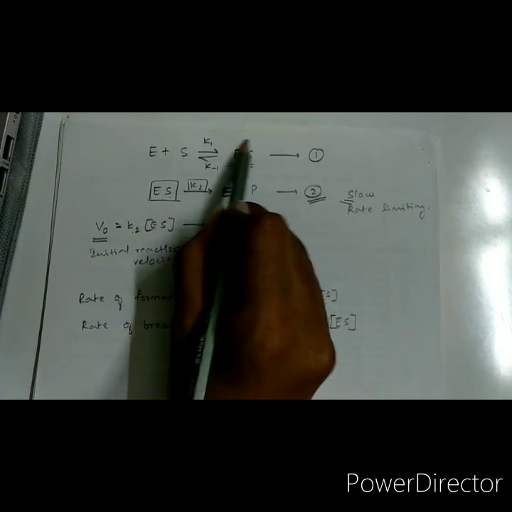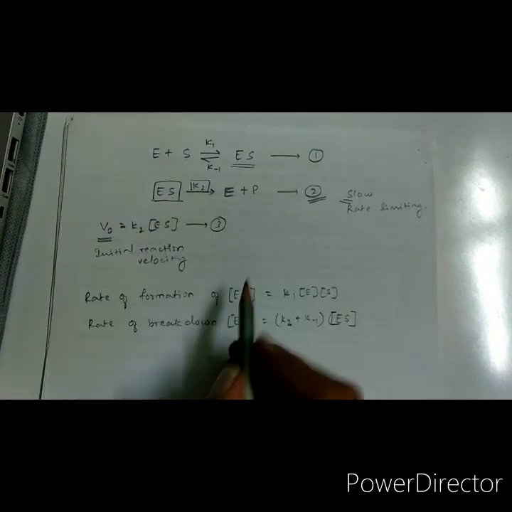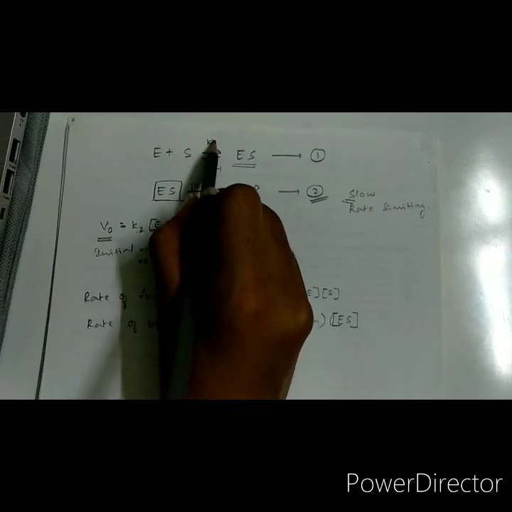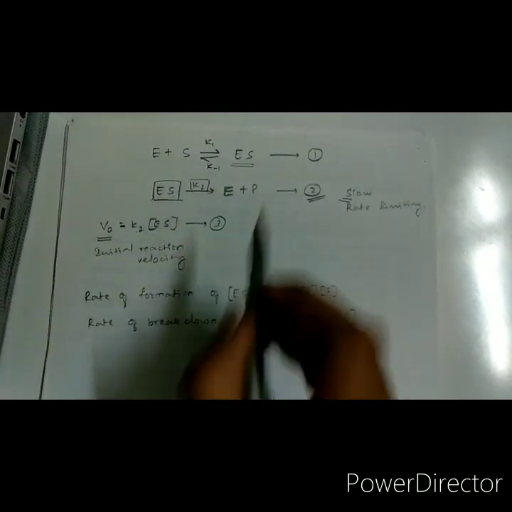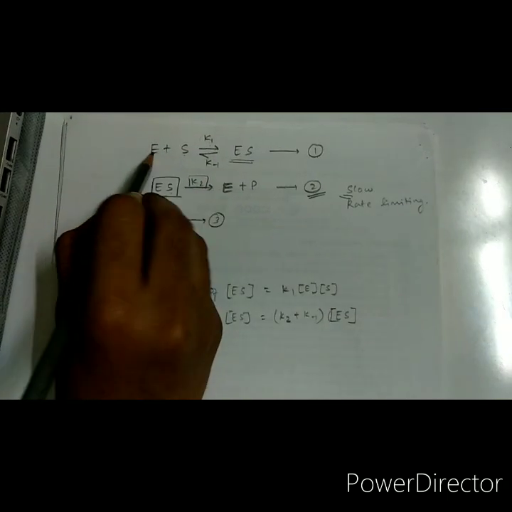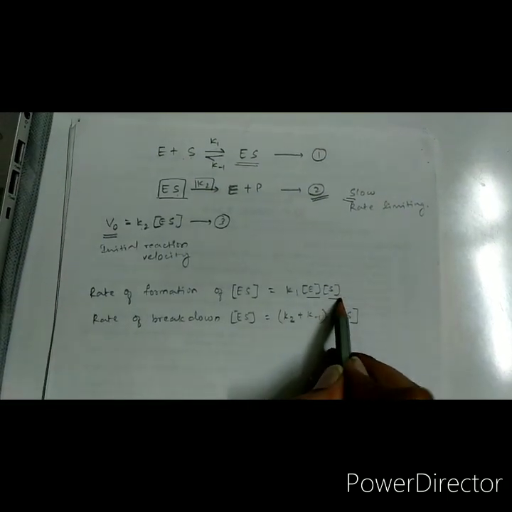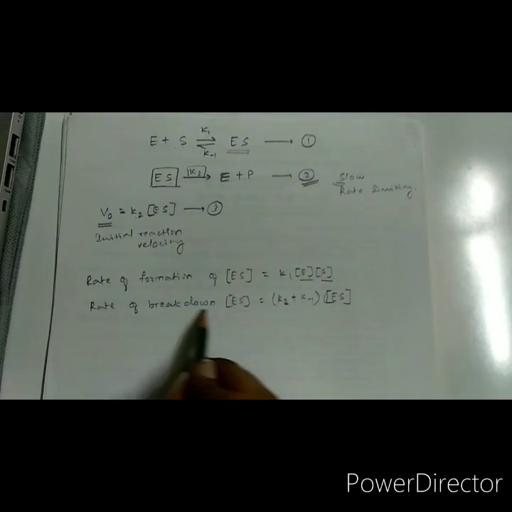So here ES is formed from enzyme and substrate, and the rate is defined by K1. So the rate of formation of ES can be given as K1 into the concentration of enzyme and the concentration of substrate. Then the rate of breakdown of ES.